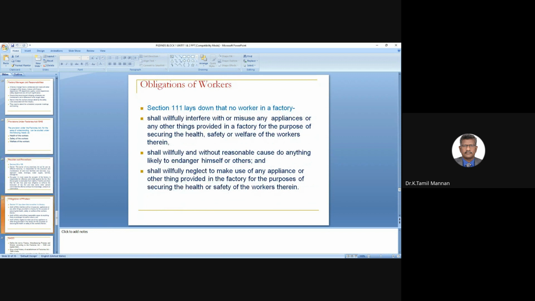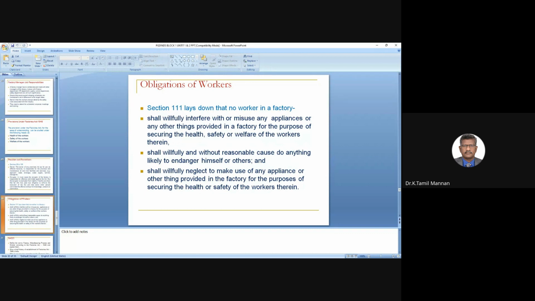Section 111 lays down that no worker in the factory shall willfully interfere with or misuse any appliances or any other things provided in the factory for the purpose of securing the health, safety, or welfare of the workers.